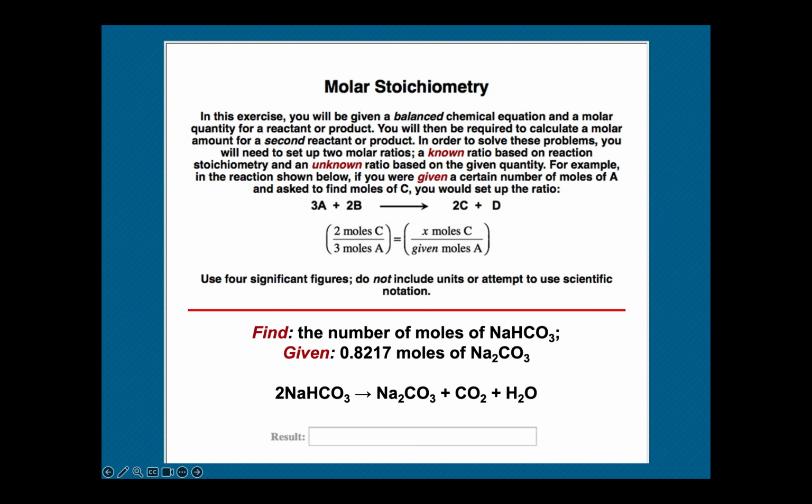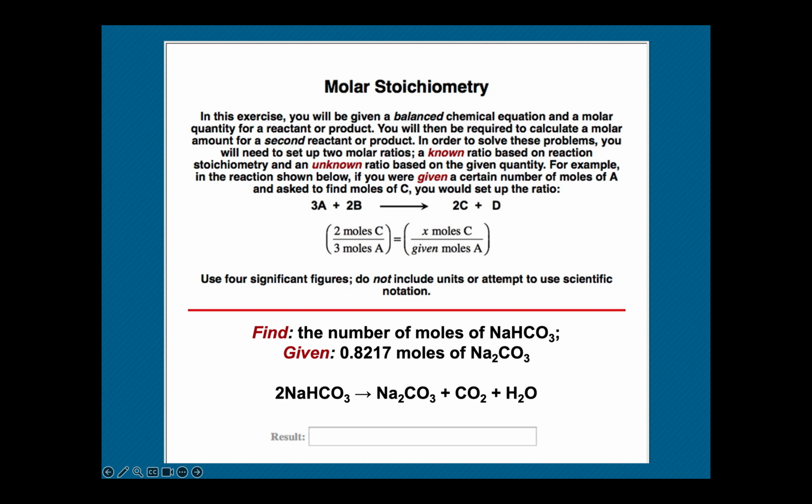All right, this is the first tutorial. This one is really nice and really simple because it gives you the unknown ratio right here. No problem. What you're trying to find over the given. We are looking at the relationship between sodium hydrogen carbonate and sodium carbonate. We have 2 sodium hydrogen carbonates for every 1 sodium carbonate.